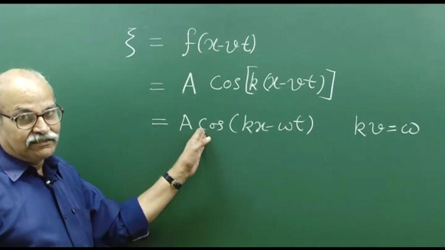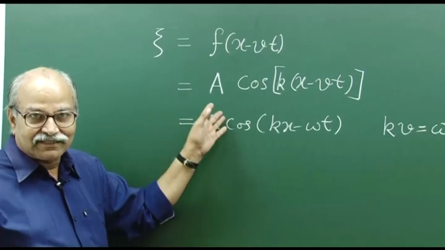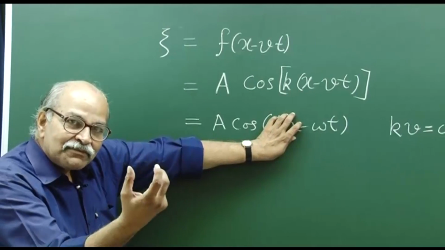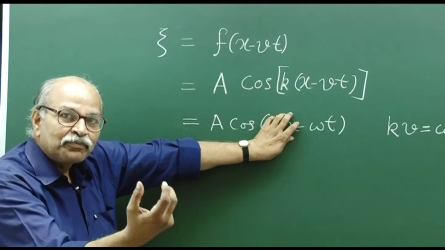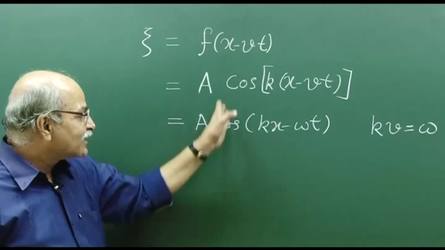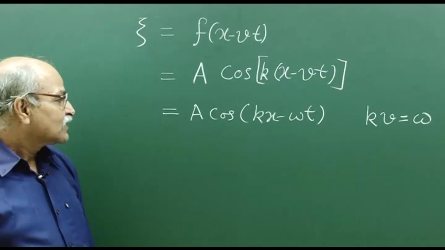Now you are familiar with this. It is a kind of simple harmonic oscillation. If you fix some x in your medium, some small portion, it varies with time, and that oscillation is simple harmonic oscillation.